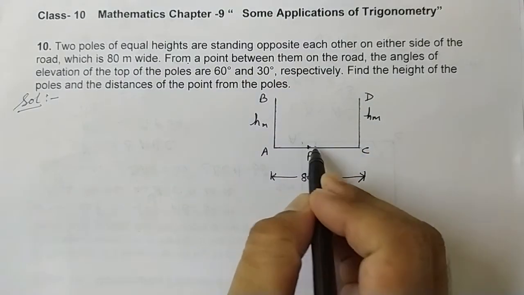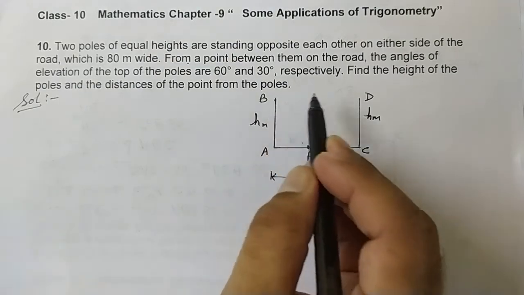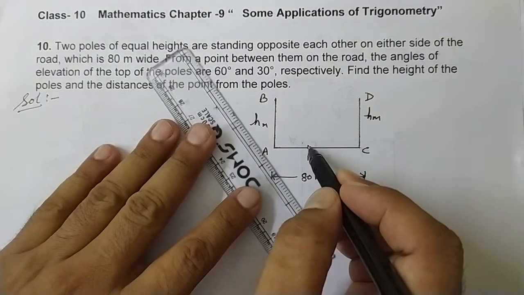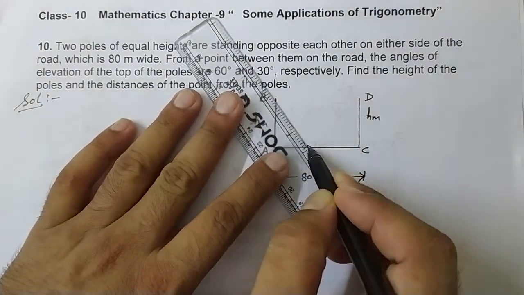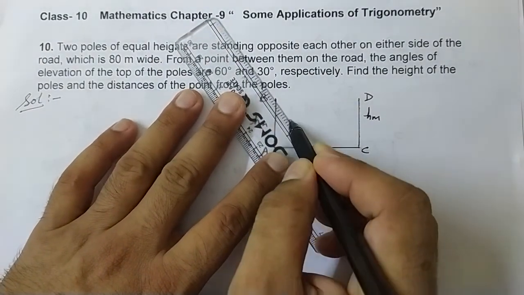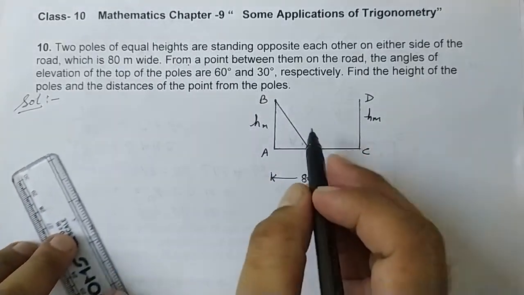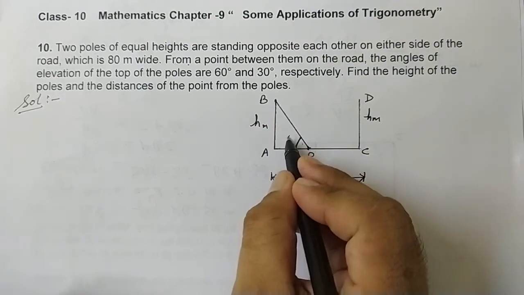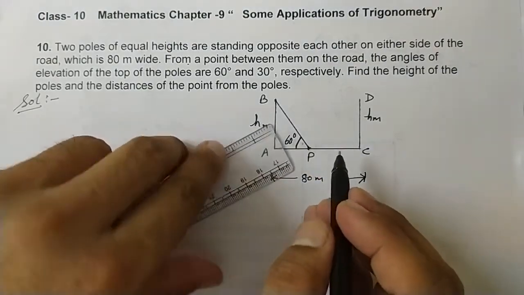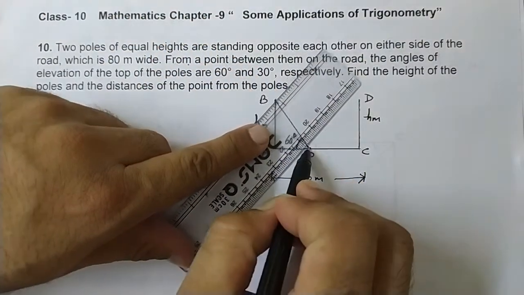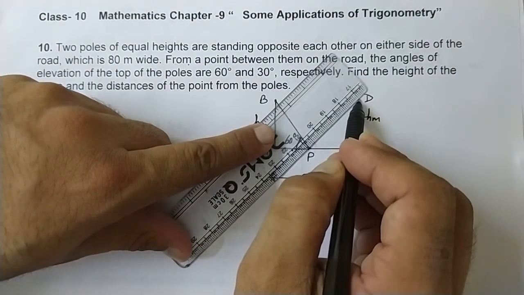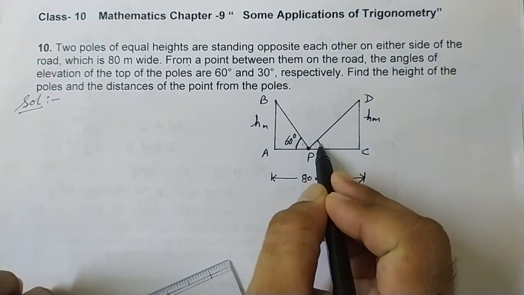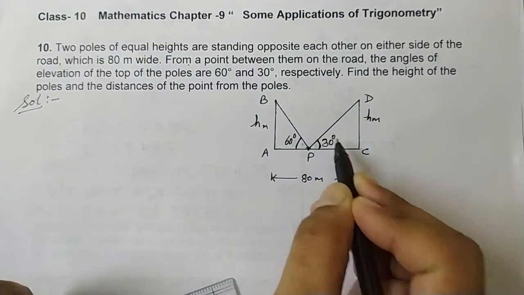Suppose this is the ray of sight to see the top of this pole from point P. This is the angle of elevation, and suppose it is 60 degree. And if you see the top of the other pole from point P, this is the ray of sight, this is horizontal, so this angle of elevation is 30 degree.